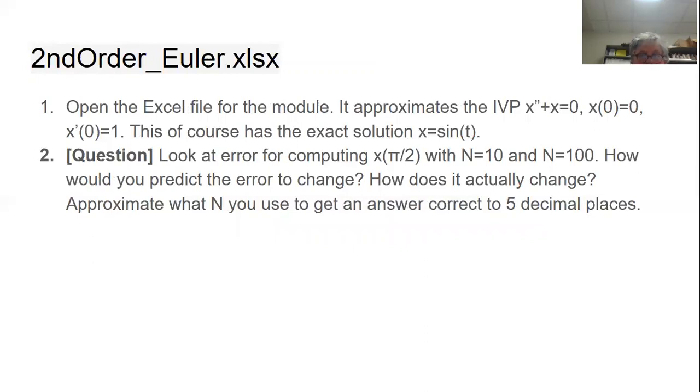And so a question for you is, look at the error for computing x of pi on 2. X of pi on 2, of course, should be 1. So I've done there with 10 steps and 100 steps. How would you predict the error to change? How does it actually change? And what n would you need to use to get an answer correct to 5 decimal places?